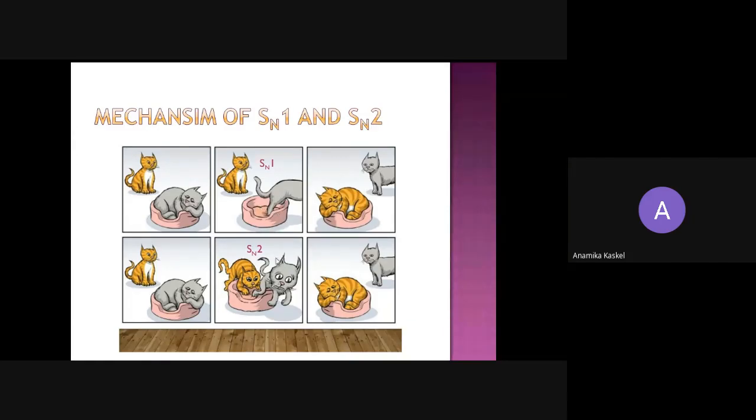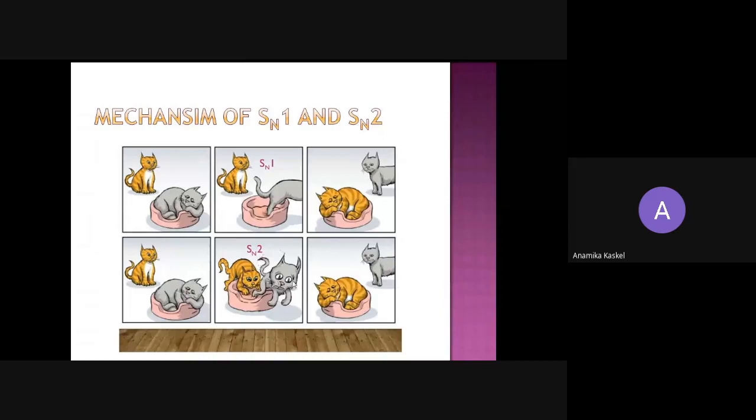Both start from the same compound and give the same product, but the difference between them is according to their choice. In the case of Sn1, only the gray cat is on the bed, then after the gray cat is removed, the yellow cat comes into the picture. But here we observe that both the yellow and gray cat at a particular time share the same bed. So this is the example of Sn2.